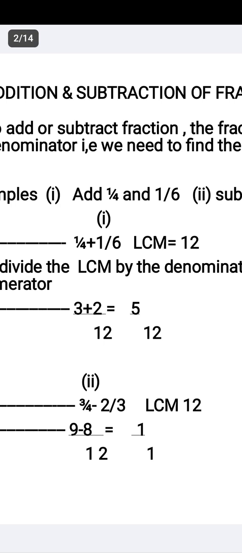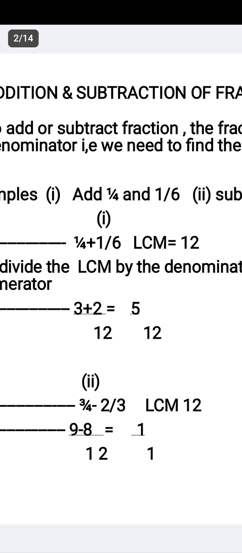For example, 12 divided by 4 is 3. 3 times 1 is 3. We put plus and divide 12 by 6, which is the denominator of the other fraction. 12 divided by 6 is 2, and 2 times 1 is 2.